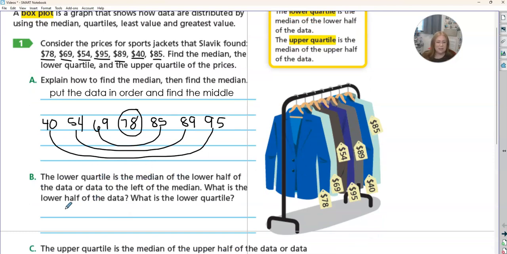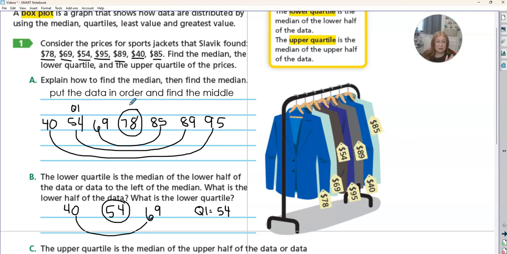So we have these 3 numbers here, 40, 54, and 69, and we're going to find the median of that. These connect as quartile 1. So the lower quartile is 54. So Q1 equals 54.